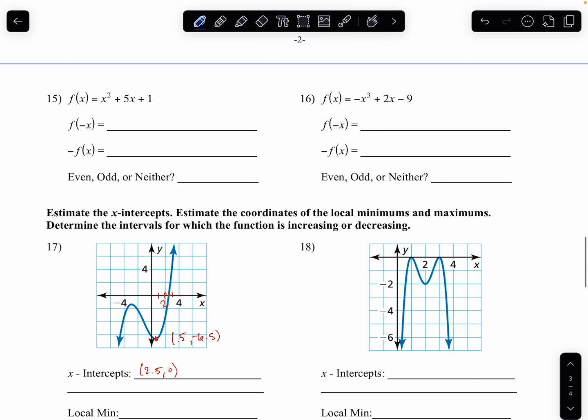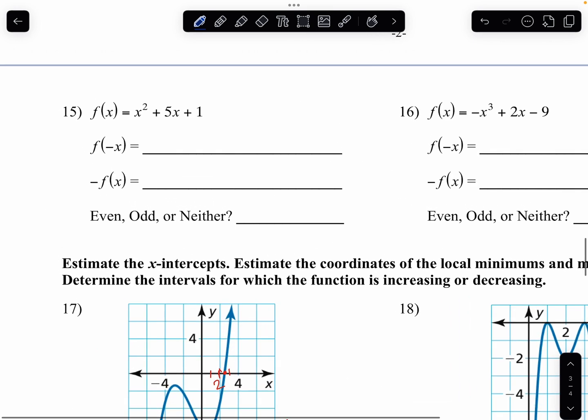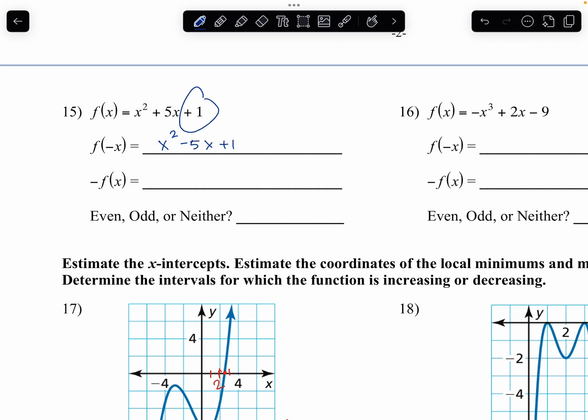Okay. Going down here, if I plug in negative x to an even degree term, that's going to keep it the same. Plugging in negative x to an odd degree term is going to flip it to be negative 5x, and obviously that's going to stay 1 because we can't plug in negative into something that doesn't have an x. And I can see that these are not the same, so it's not even.